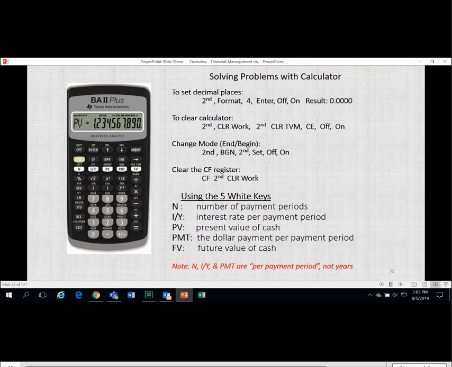Now, note that N, IY, and payment are in terms of per payment period. Now, it may be years, but it may not be. In other words, if I said it was a 5-year investment, you might interpret N as being 5. But if I said there's a bond that's 5 years, but it makes 2 interest payments per year, well, then you'd have 10 payment periods because you'd receive 10 interest payments over the 5-year life of that bond.